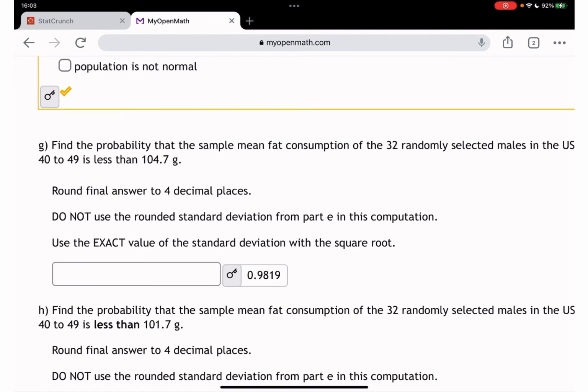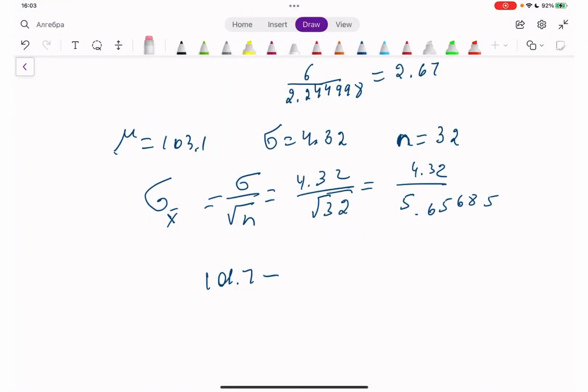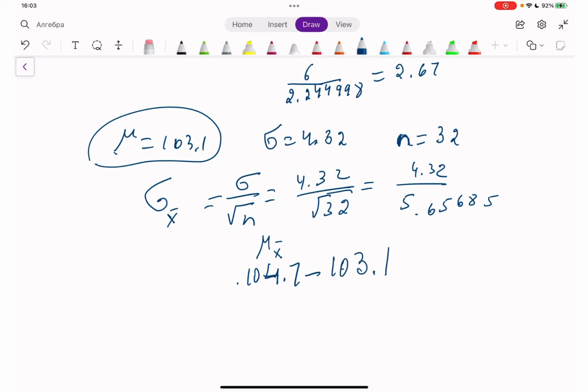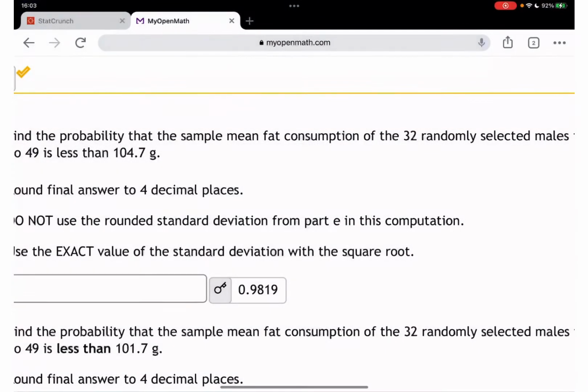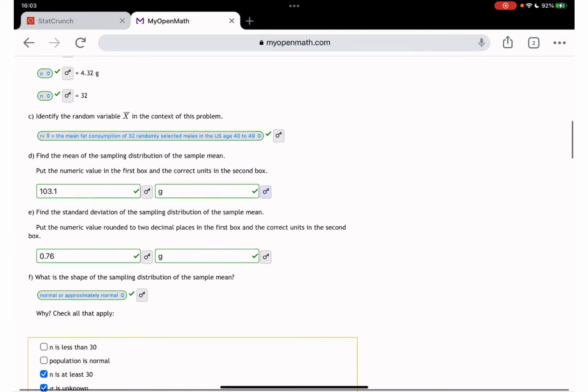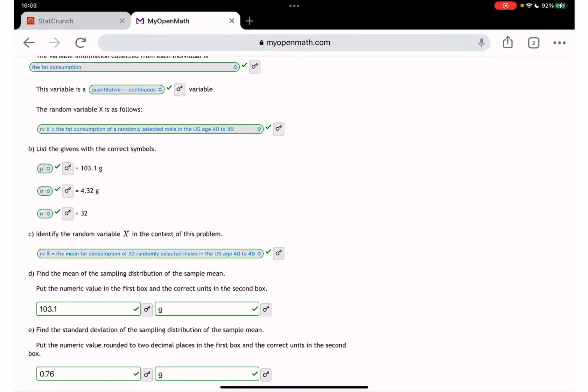So we are going to use our 104.7 minus our average, mu x bar, 103.1. This is given at the very beginning of the word problem, remember? Here it is, 103.1.